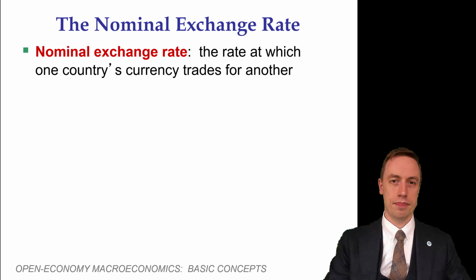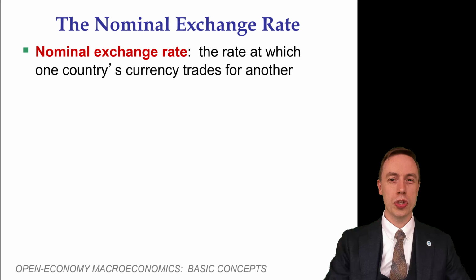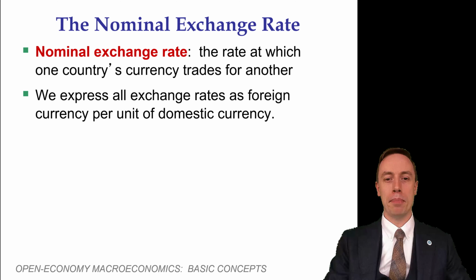The price at which this exchange happens is called the exchange rate of a country, a term you've probably heard before. But this exchange rate, as it's often talked about in the media, is a nominal concept. Recall that from our last lecture. Nominal numbers are those that are expressed in units of money. Today we're also going to learn about its real equivalent. But first, let's run some examples of nominal exchange rates.